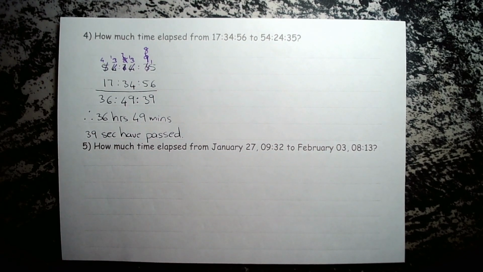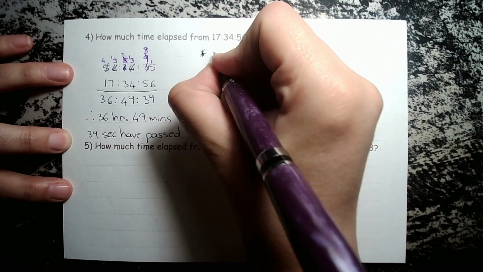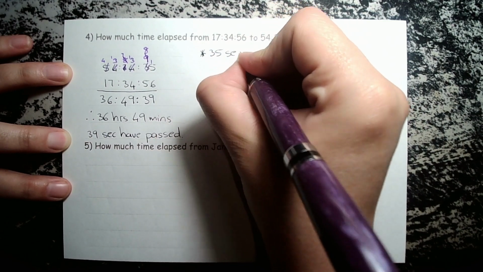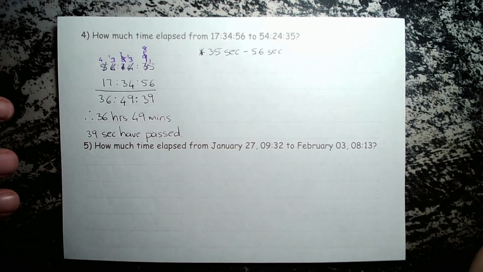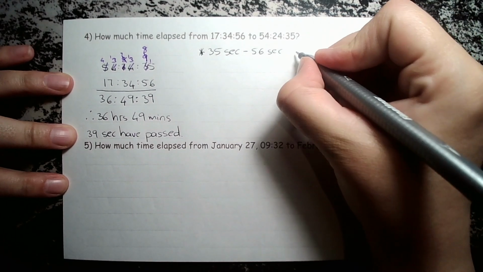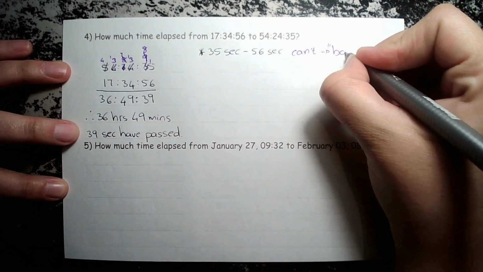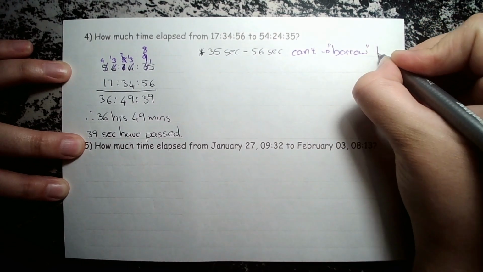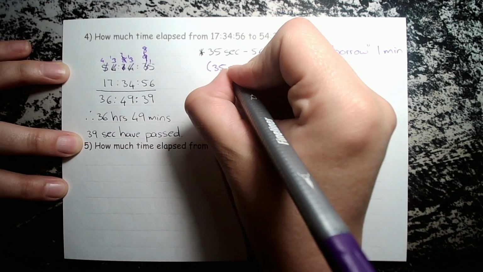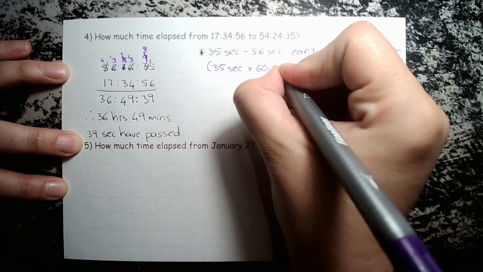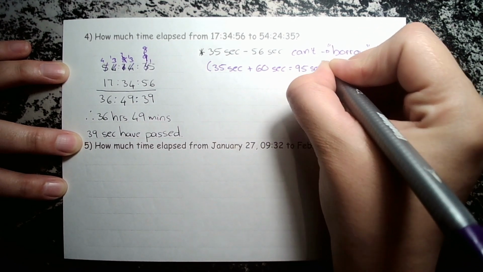A more worded method, starting with the seconds. 35 seconds, subtract 56 seconds. We cannot do that. And so we borrow 1 minute. That means that we have 35 seconds plus 60 seconds for 95 seconds.